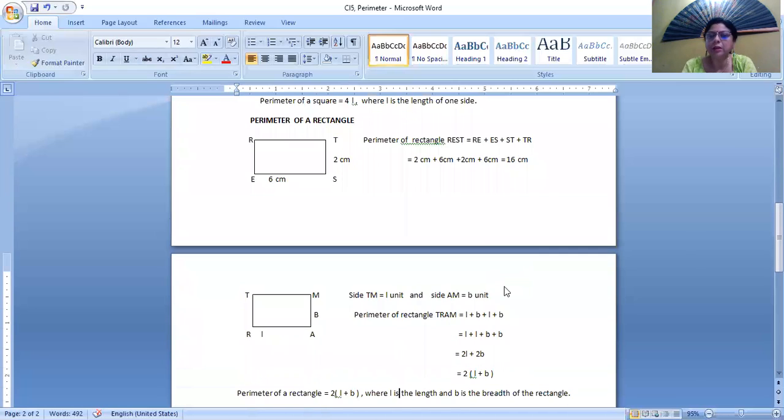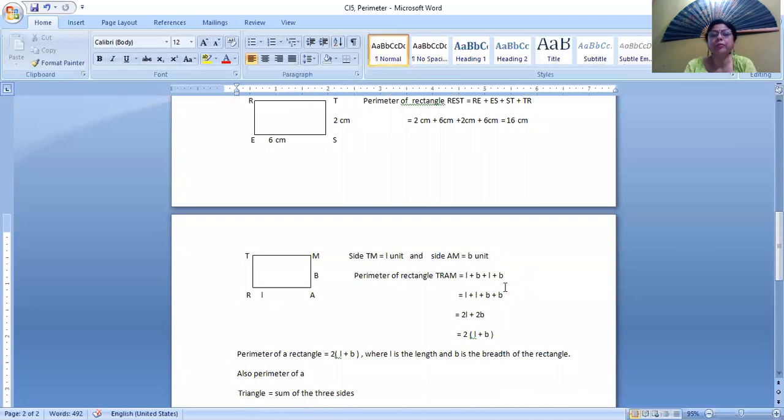Now let's see what is the general formula for finding the perimeter of a rectangle. For a square, it was easy, 4 into s, where s was the length of one of the sides. But for the rectangle, let's see. Now the name of the rectangle is TRAM. So the perimeter of rectangle TRAM will be what?